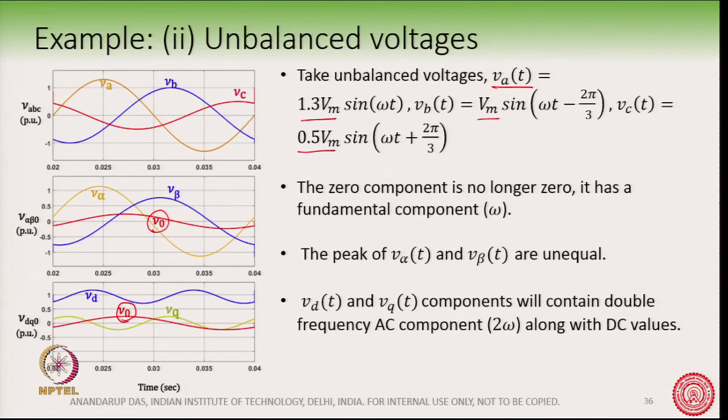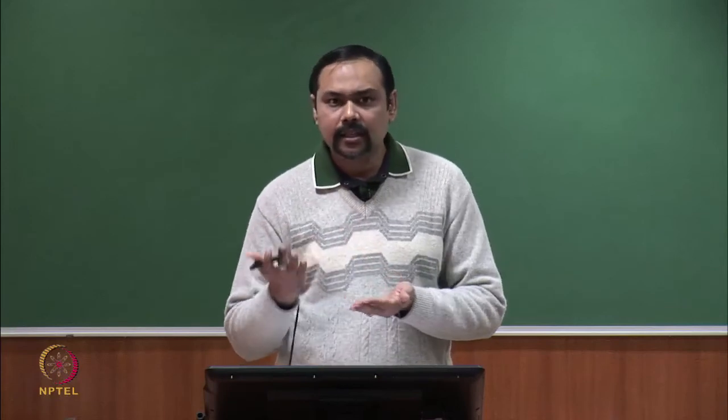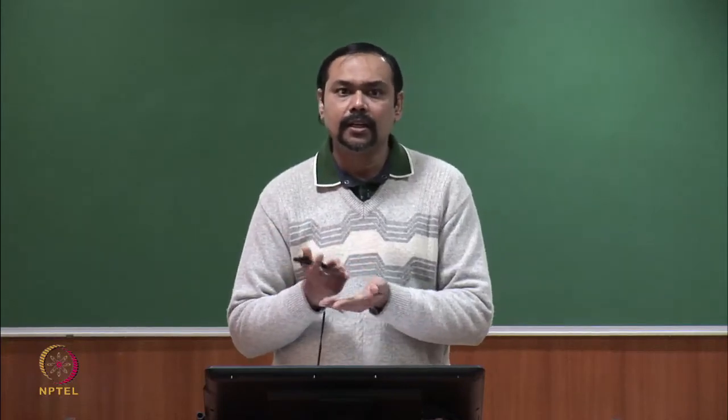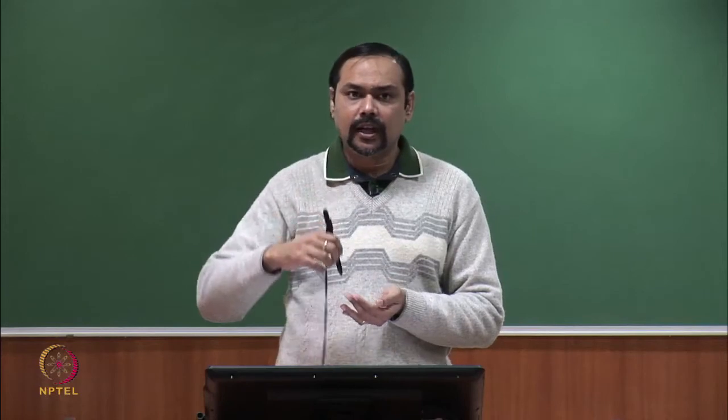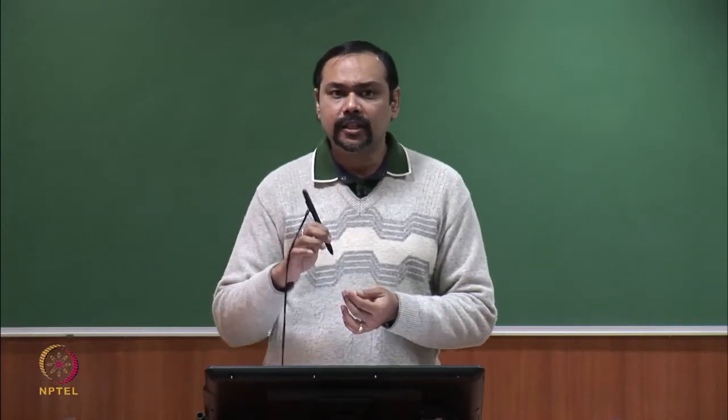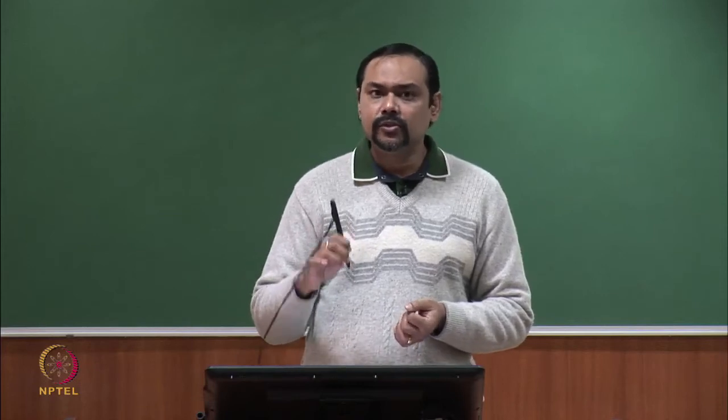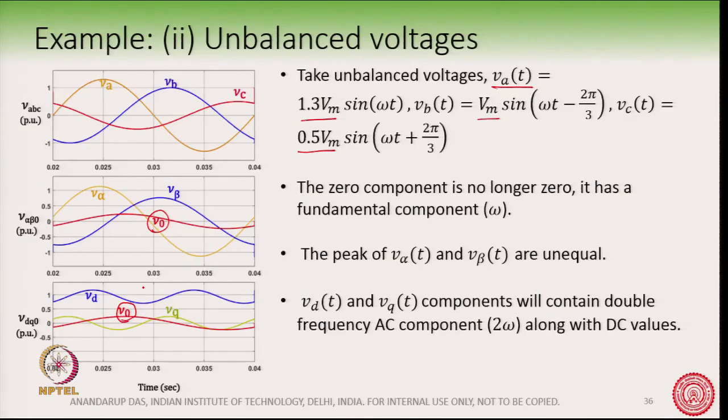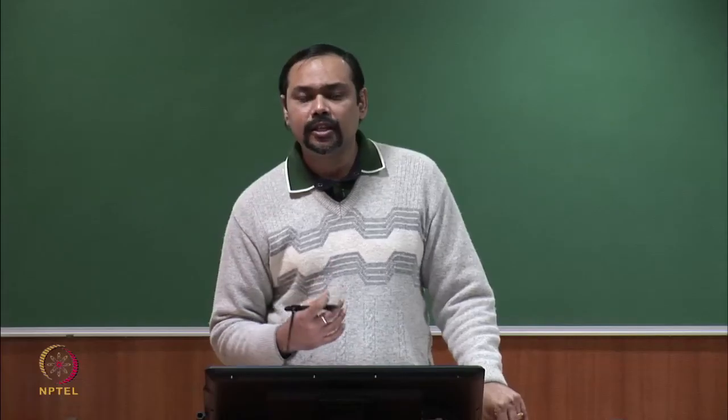V 0 is, as I told you, an axis which is perpendicular to the rotating dq frame, and so if we are making the d and q coincident in the same plane in which the alpha beta plane is there, if these two planes are coincident, then the 0 axis of the alpha beta 0 transformation and the 0 axis of the dq0 transformation will be coincident, and so we will see V 0 to be the same.